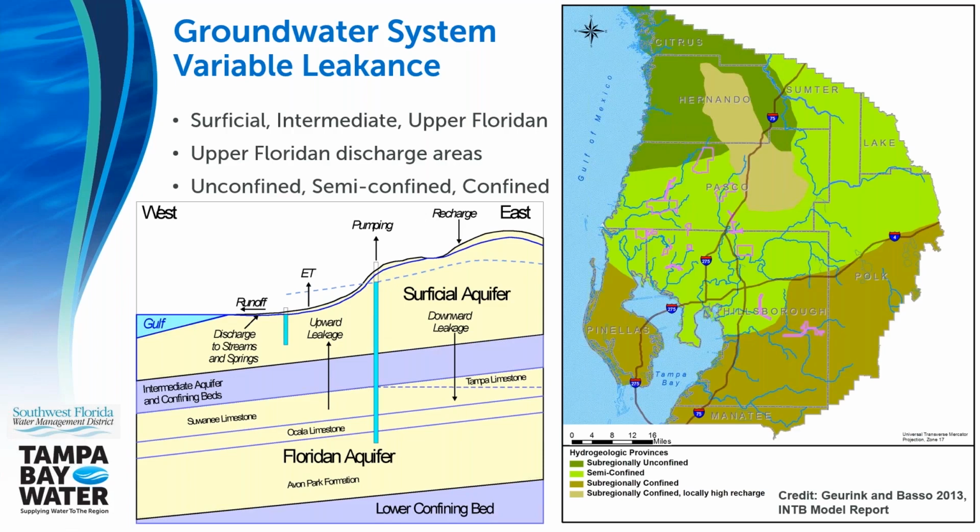There are generally 3 classifications for the Floridan aquifer in terms of its confinement: unconfined, semi-confined, and confined. The area to the south in this dark green is very well confined. The area in the middle in the bright green is moderately to poorly confined, or moderate to high leakance. This is where the consolidated well fields are located, in magenta.